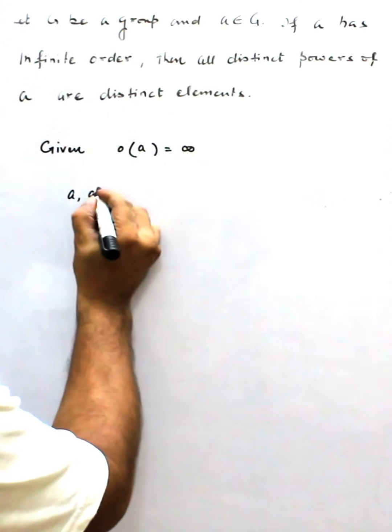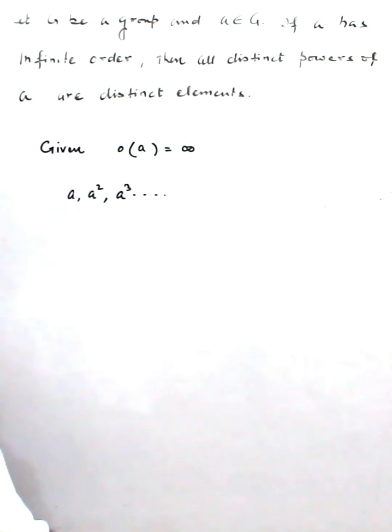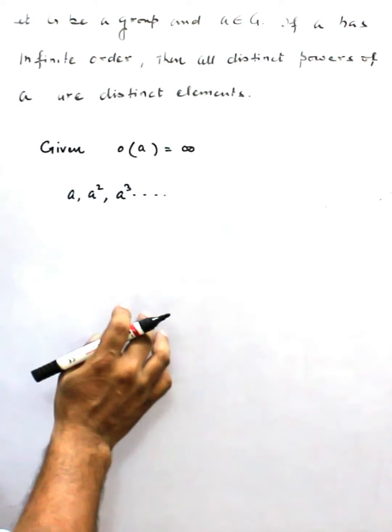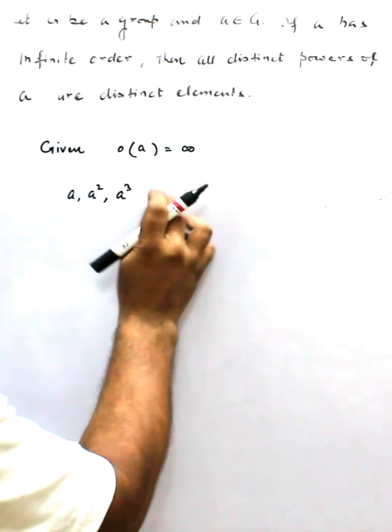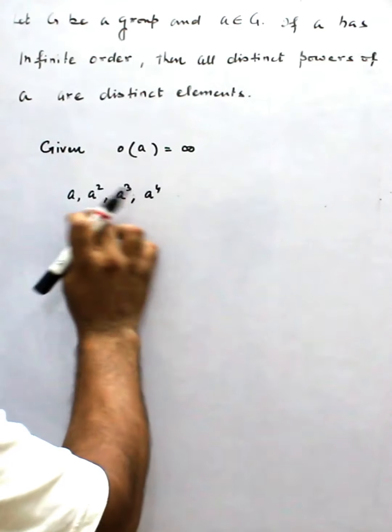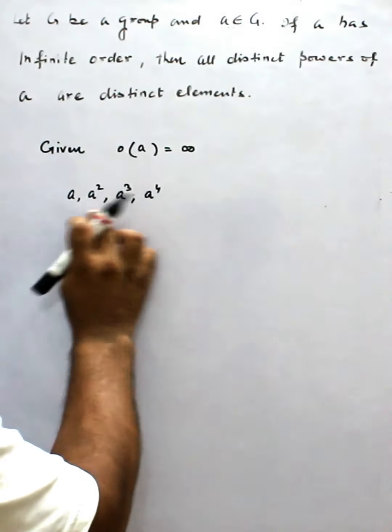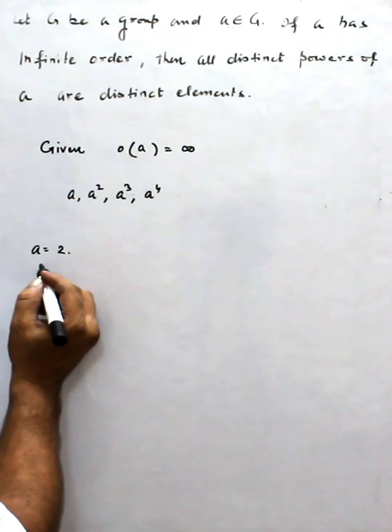A square, A cube, all are distinct elements. Distinct, then all distinct powers, that means the powers are different, then these numbers are different. For example, if we take A equal to 2, then what happens?